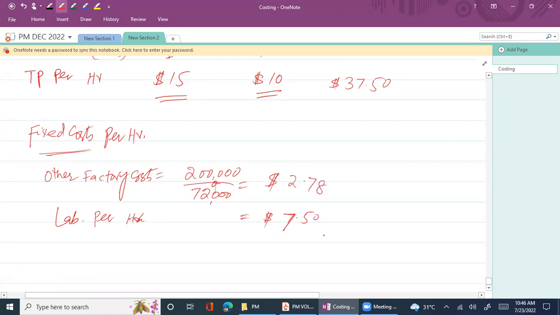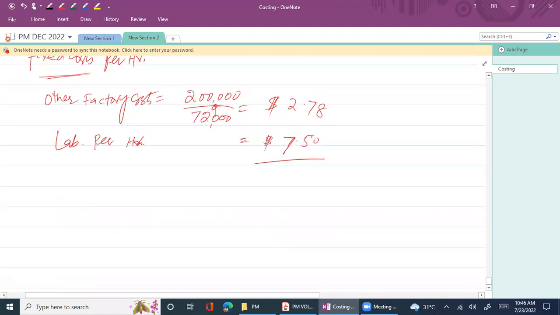$2.78. It means the total fixed cost per hour will be $10.28.